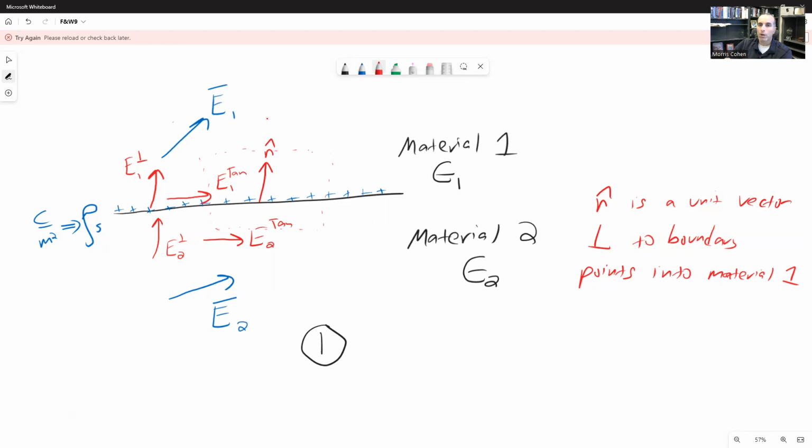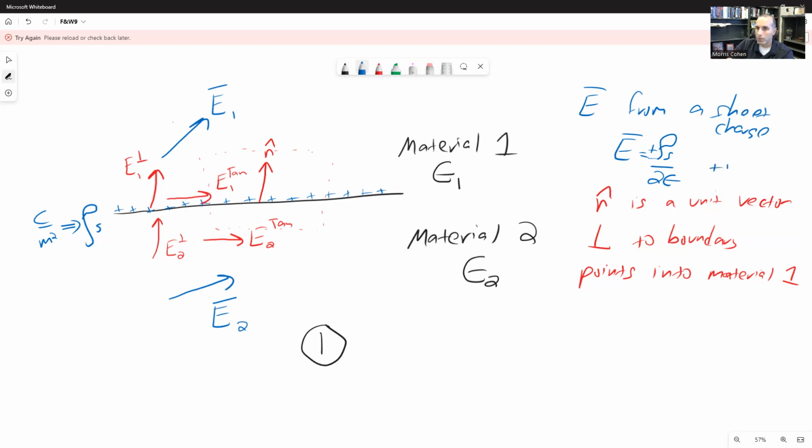And one thing that I want to recall for you that we talked about earlier is that the electric field from a sheet charge looks like this. It's E equals rho S over 2 epsilon. And there's a plus or minus there because it's either pointed toward or away from the sheet of charge.